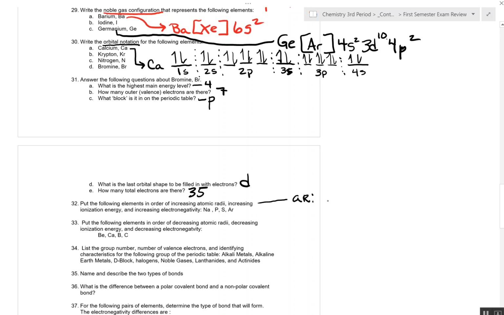As you go left to right, they get bigger. So it's going to be sodium. Oh, wait a minute. Sorry. Right to left, they get bigger. I knew that wasn't right. So argon is the smallest, sulfur next, phosphorus, and sodium.